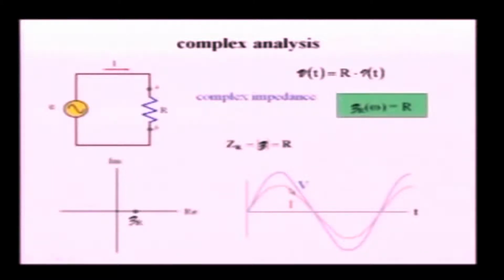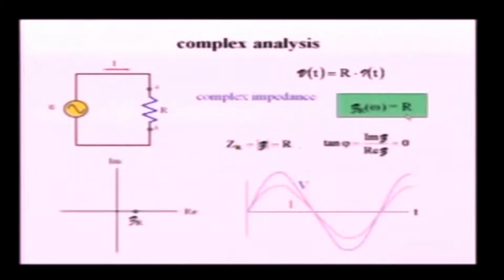Now, how do we actually calculate phase angle from complex impedance? These are the two formulas which are really very good to remember: how to find out impedance and phase angle from complex impedance. Well, I will have to take the ratio of imaginary part of complex impedance over real part of complex impedance. Let's say 10 ohms.